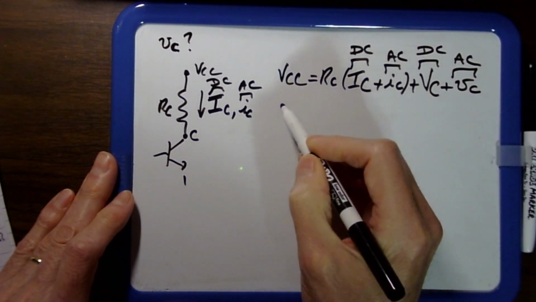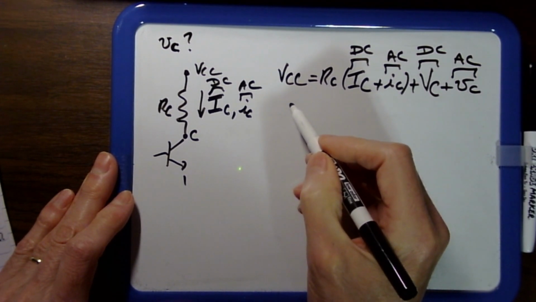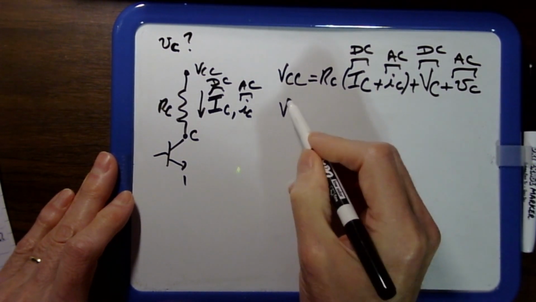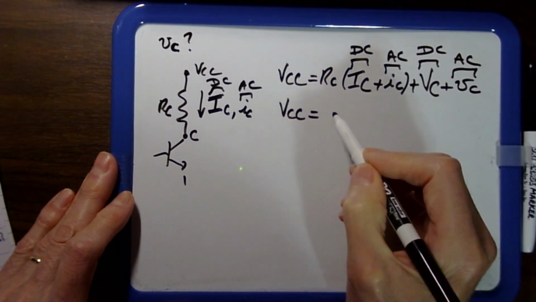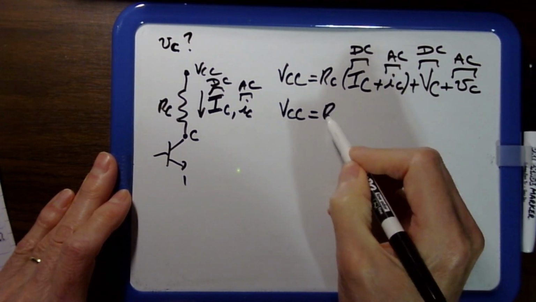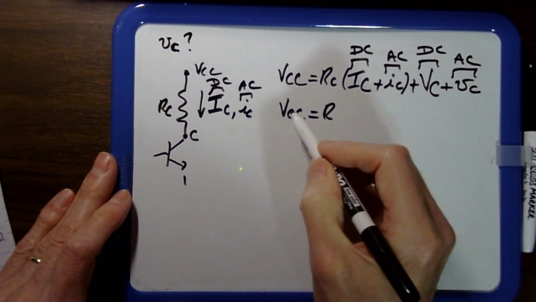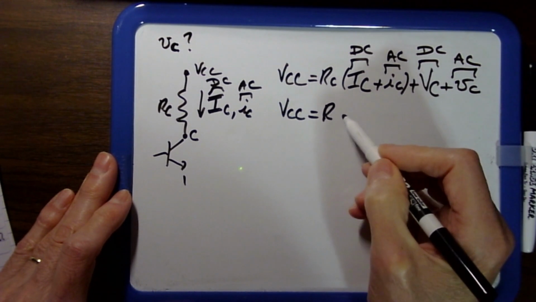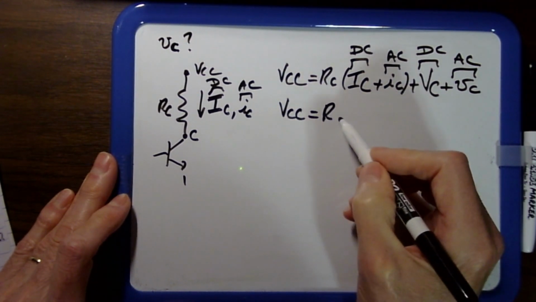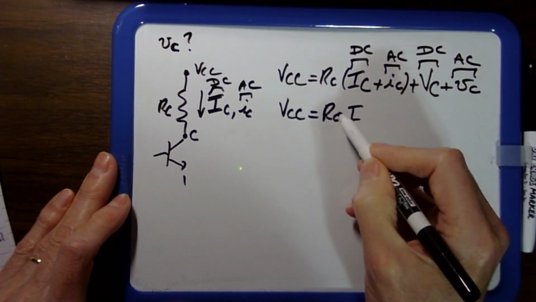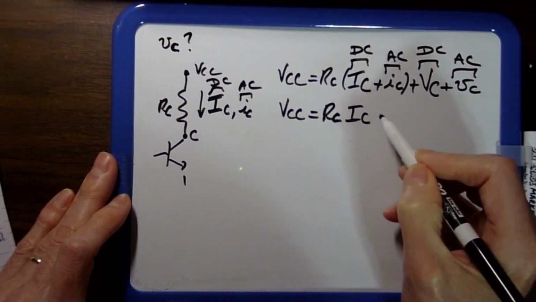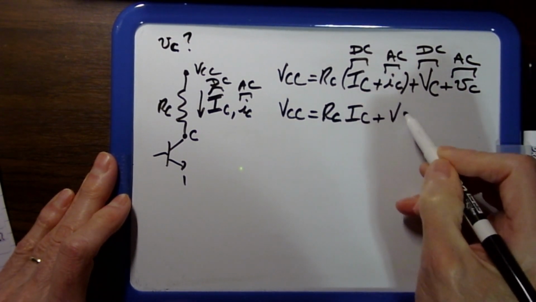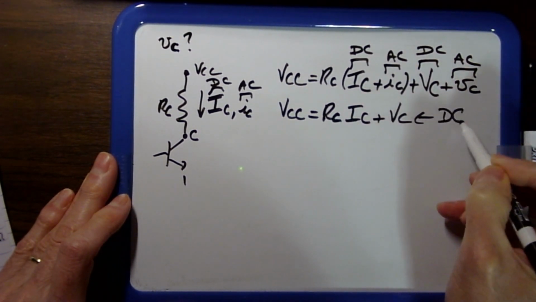But we know that if you look at just the DC stuff, you do KVL in the DC analysis. So VCC equal RC IC plus VC. So this is all DC.